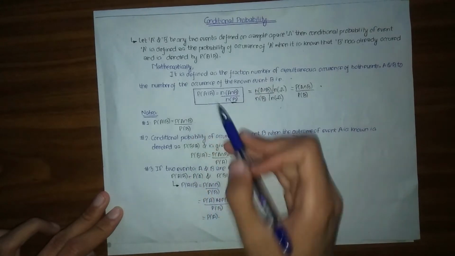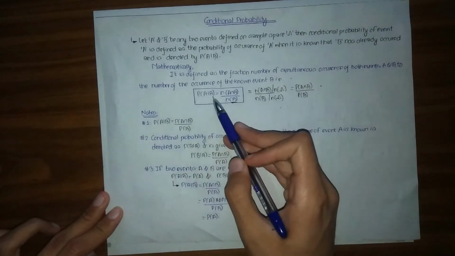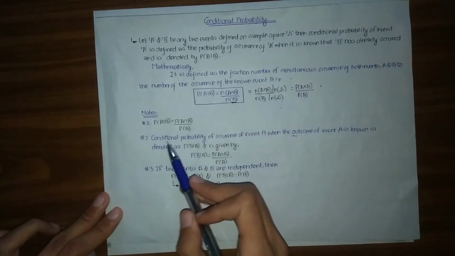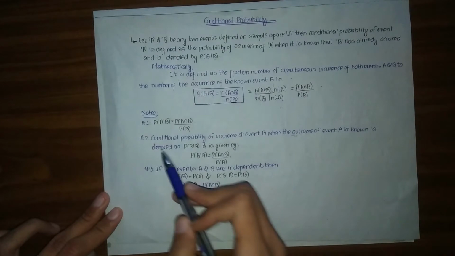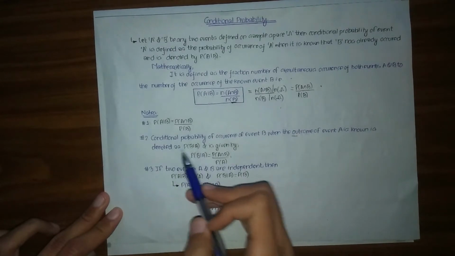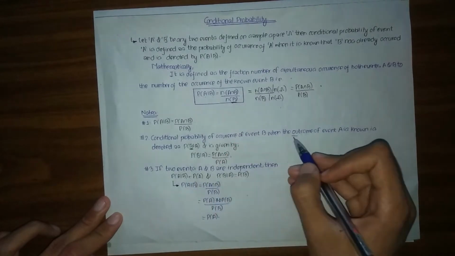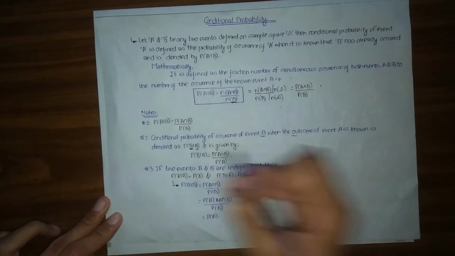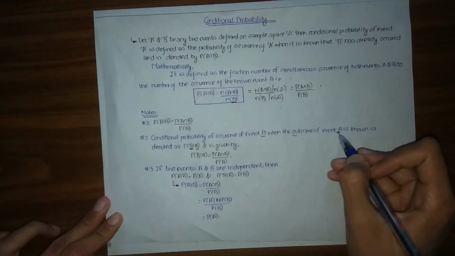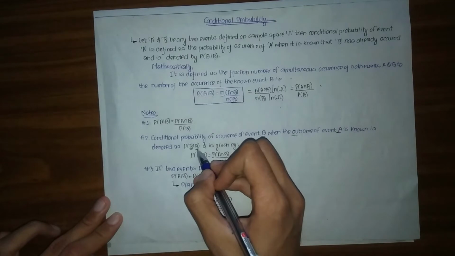Next, we were talking about the probability of occurrence of event A when event B has already occurred at first. But if we have to calculate the conditional probability of occurrence of event B when the outcome of event A is known, then we denote it as P(B|A). As I explained before, we're calculating the probability of occurrence of event B, so B is written first and the conditional event is A. When the outcome of A is known, or first the event A has to occur, it is written second.